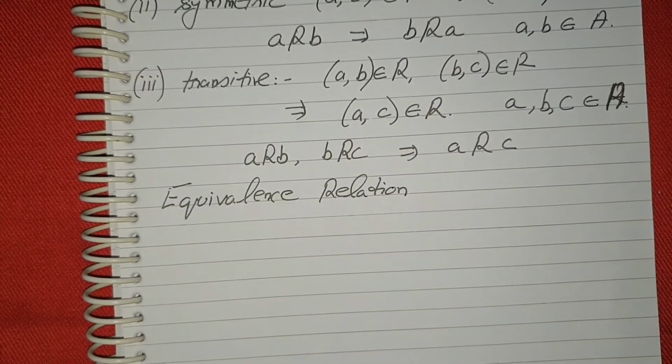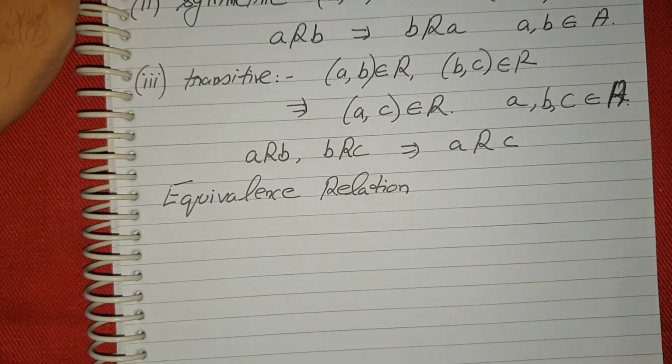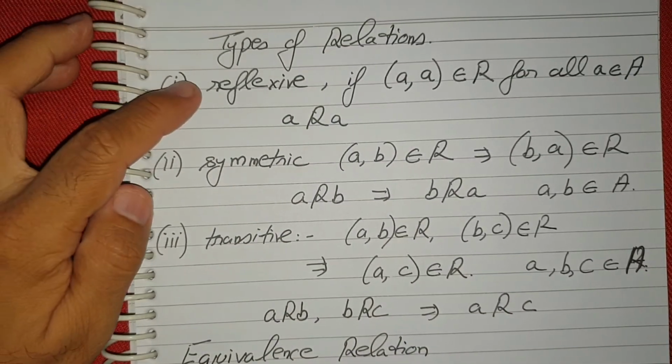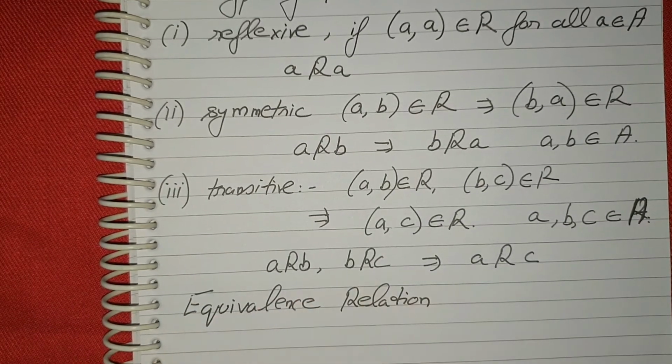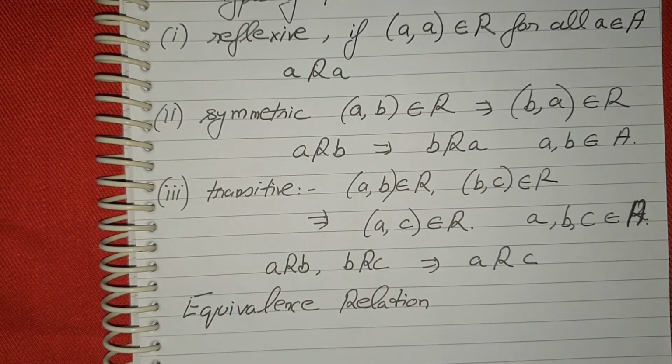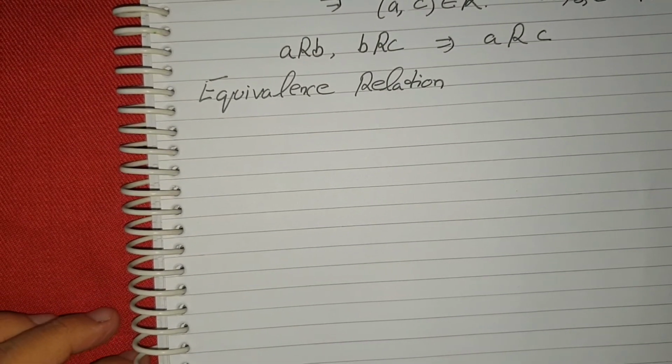Okay, then comes an equivalence relation. Now, an equivalence relation is that relation which is reflexive, symmetric, transitive. So that relation is known as the equivalence relation. Now, to illustrate this, we can take an example.